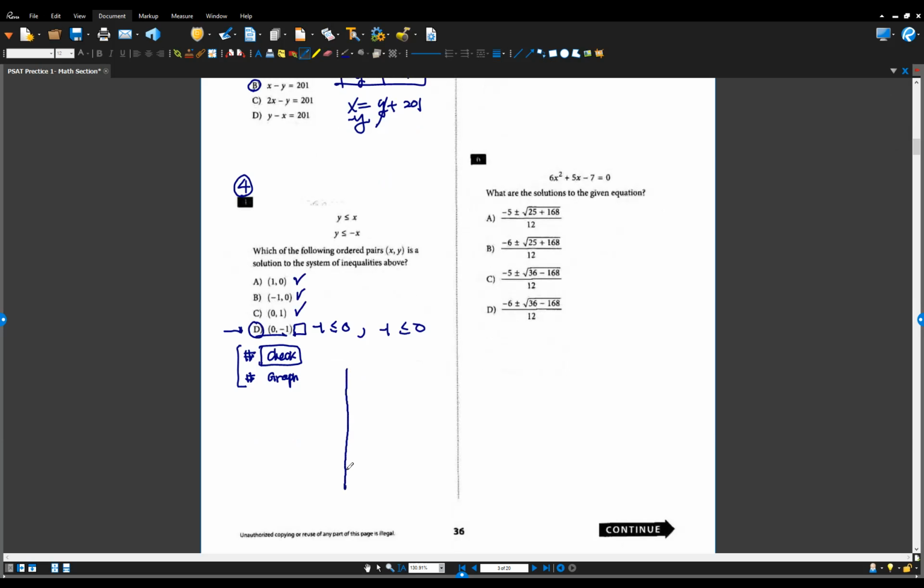Sometimes graphing makes it easier. y less than or equal to x is down over here, and negative x is down over here. This is the solution set. Which point belongs here? The point 0, -1 belongs in this region. Sometimes graphing is easier to understand, but it doesn't matter.